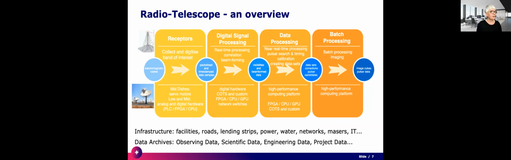It's observing in the range 350 megahertz to 15 gigahertz, and will consist of close to 200 dishes, 15 meters in diameter. Offset Gregorian dishes look more or less like this. So this is an overview of the radio telescope for those who are not familiar with the design.